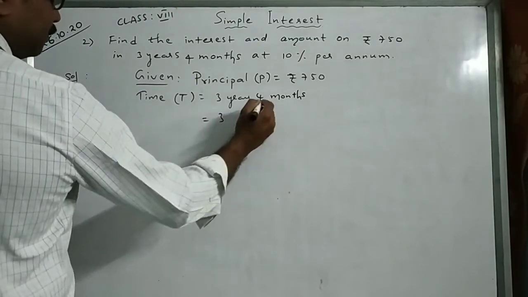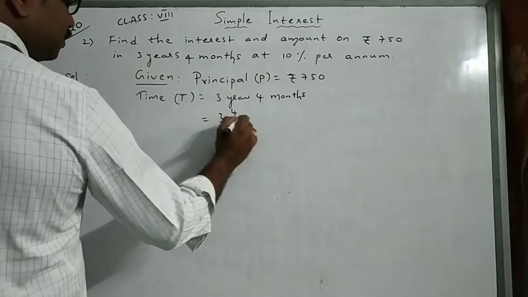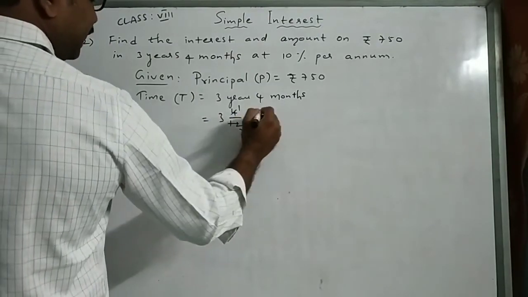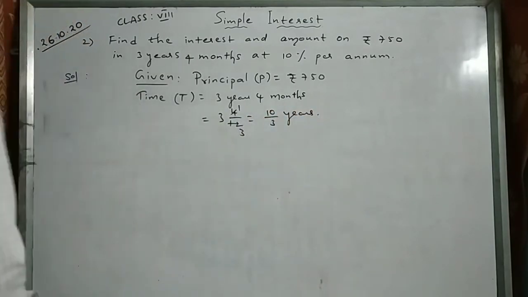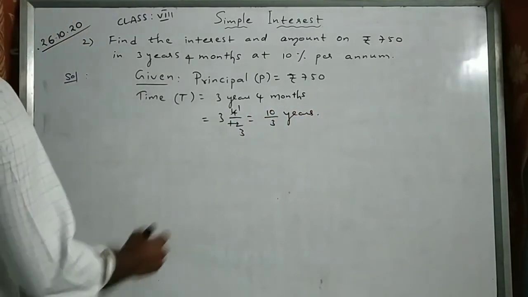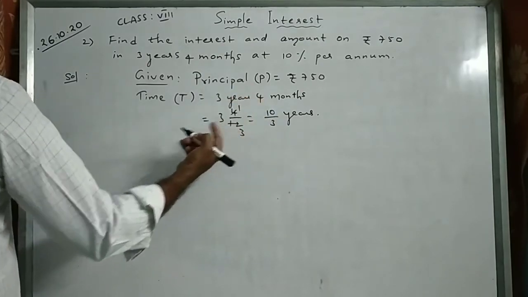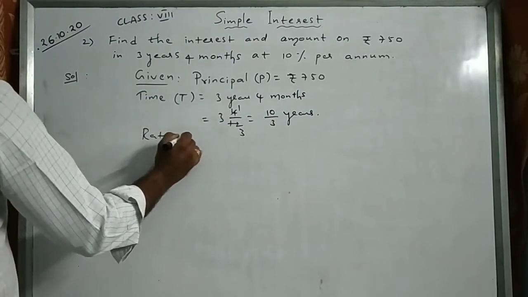So 3 years 4 months I will write. 1 year equal to how many months? 12 months. So 4 by 12 enough. 4 ones, 4 threes. 3 threes 9 plus 1, 10 by 3 years. Always should be in years. Months can be changed into years by dividing by 12.